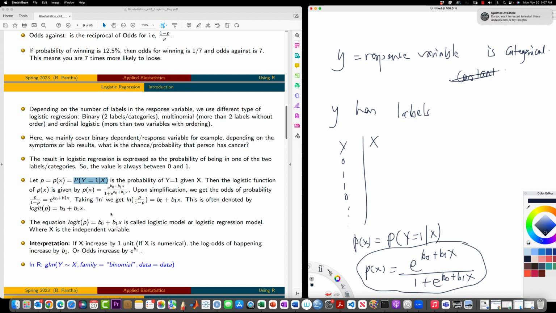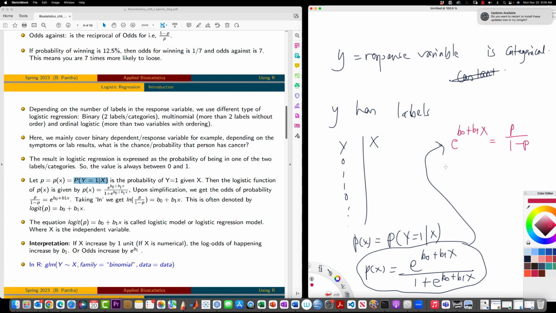Okay, if you simplify this equation and solve for e to the b0 plus b1x, you get e to the b0 plus b1x equals p over 1 minus p. Now let us take the log on both sides.